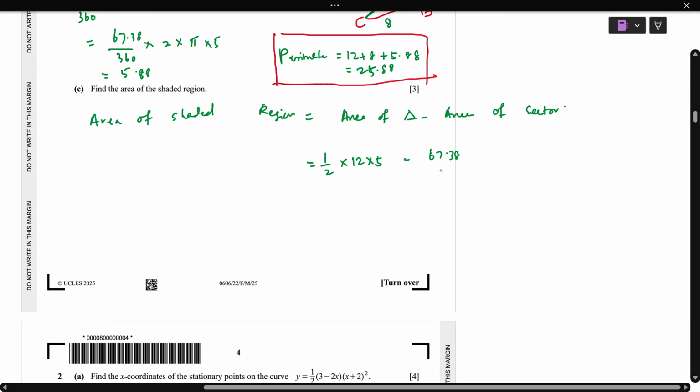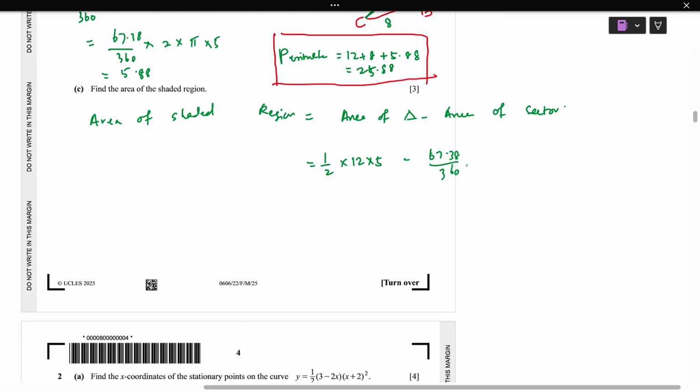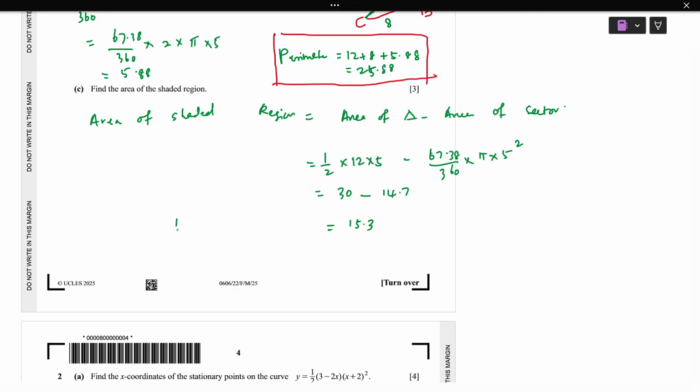When we simplify, we'll get 30 minus 14.7, so the final answer is going to be 15.3. This is the area of the shaded region.